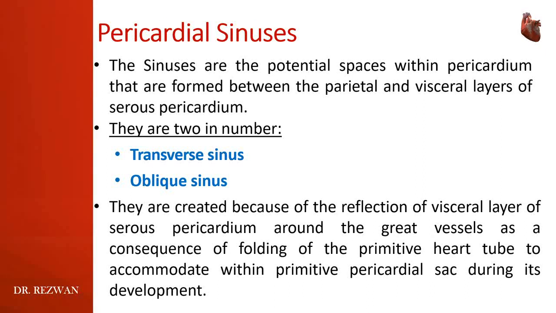That primitive heart, which was tubular in shape initially, has to be molded on itself to be accommodated within that pericardial sac. And when the heart is accommodating within the pericardial sac with some folding, the pericardial sac forms the sinuses, that is the transverse sinus and the oblique sinus, and that sinus forms in between the parietal and the visceral layer.